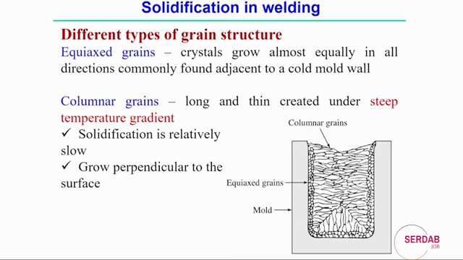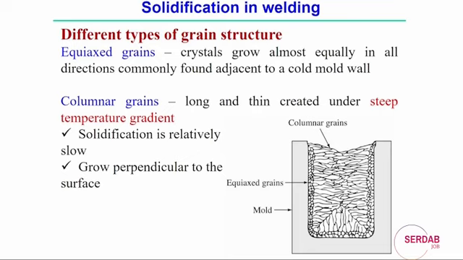If we consider the molten pool within the container, the surface acts as a heterogeneous nucleation site, so along the surface we find grains of almost equal size. Crystals grow almost equally in all directions, and this is commonly found adjacent to the cold metal wall. So around the cold wall there is a formation of the equiaxed grain structure.